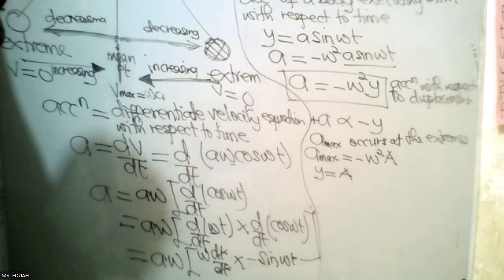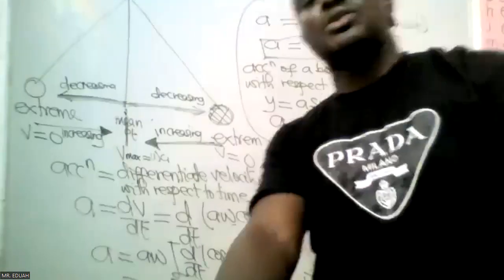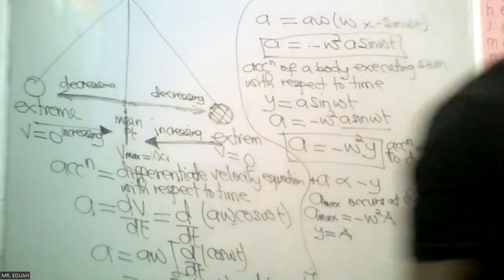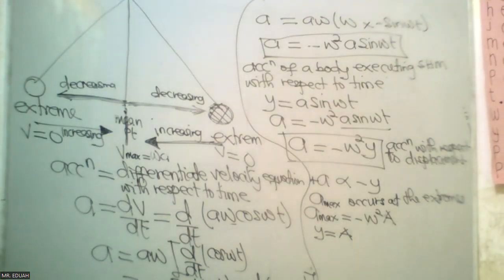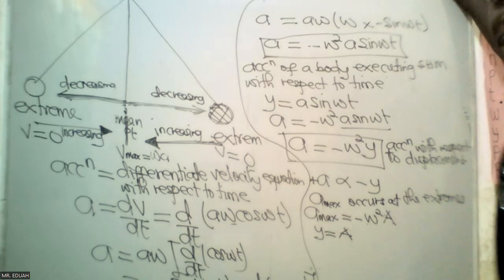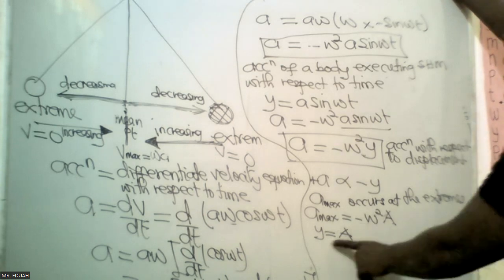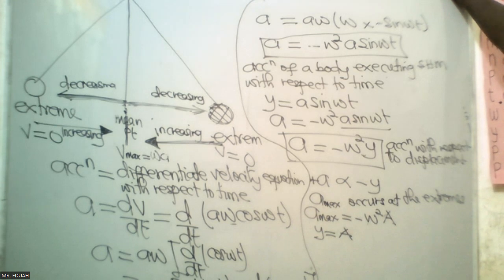Where does minimum acceleration occur? Let me pick Eliana. Eliana, where does minimum acceleration occur? At the extreme. Eliana, it's not true. We just said that maximum acceleration occurs at the extremes because at the extreme, the displacement is equal to the amplitude. We are talking about minimum acceleration, Eliana.